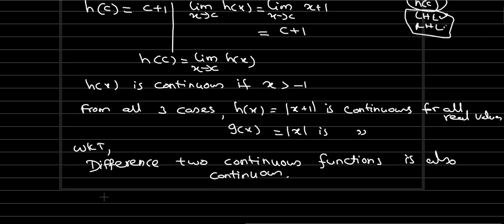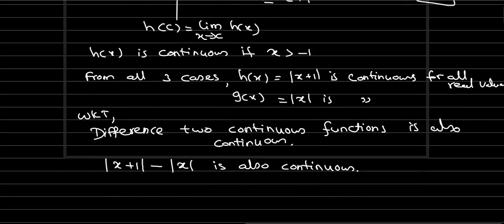So that means modulus of x plus 1 is continuous, and modulus of x is continuous. The difference is also continuous. There is no point of discontinuity. So that means f of x is continuous for all real values.